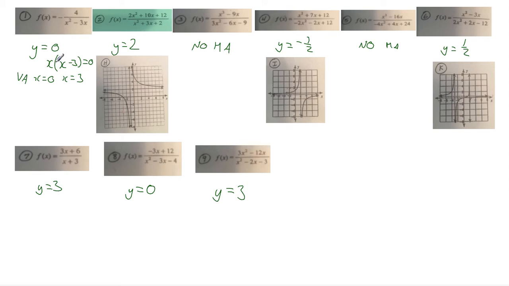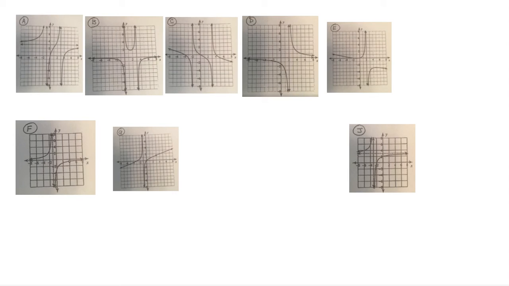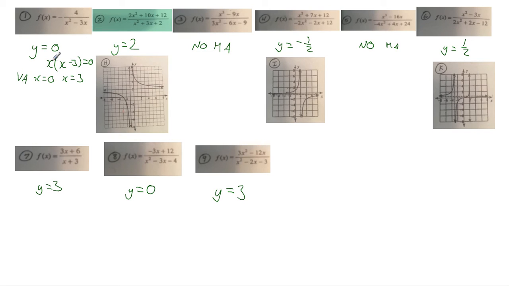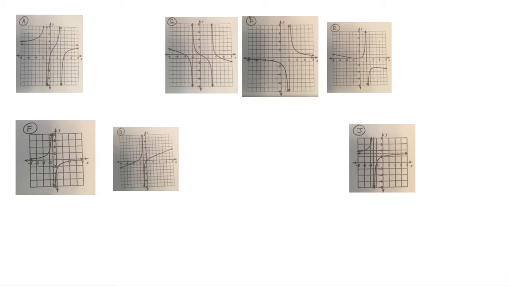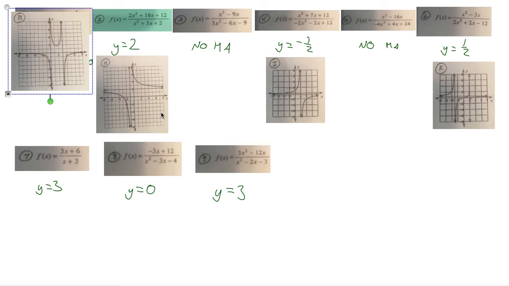So 2 vertical asymptotes. This one looks like it has 2 vertical asymptotes, but that's, what, -1 and 3? So it's close, but it's not 0 and 3. Here, oh look, 0 and 3. So this B must be the answer for 1.